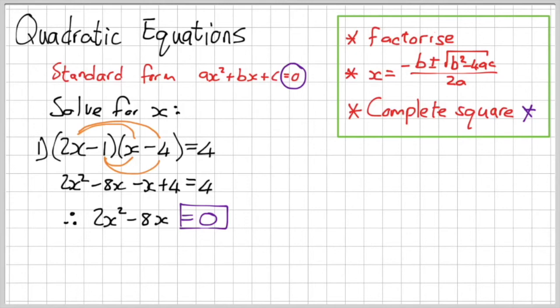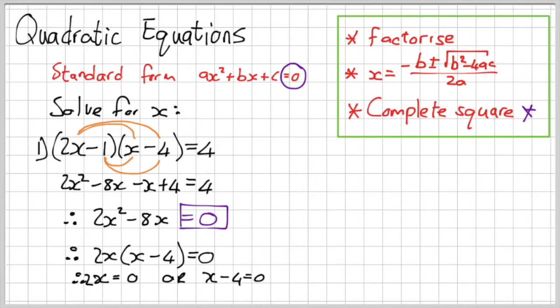We have equal to 0. So in other words, I'm going to now factorize. So I'm going to take out a 2x common, leaving me with x minus 4 in the brackets. And because of the 0 product rule, I've got now 2x equal to 0, or x minus 4 being 0.